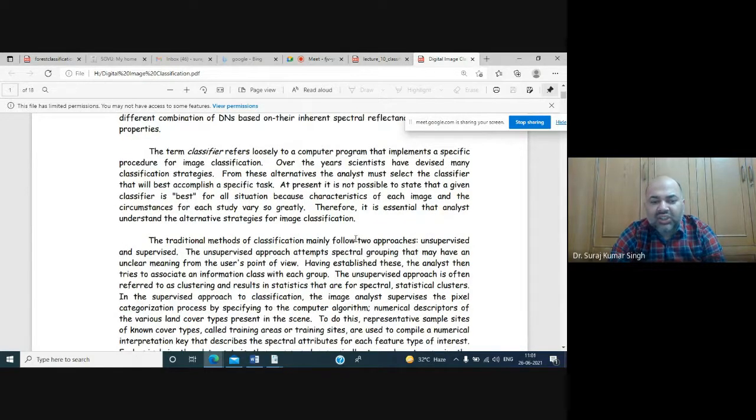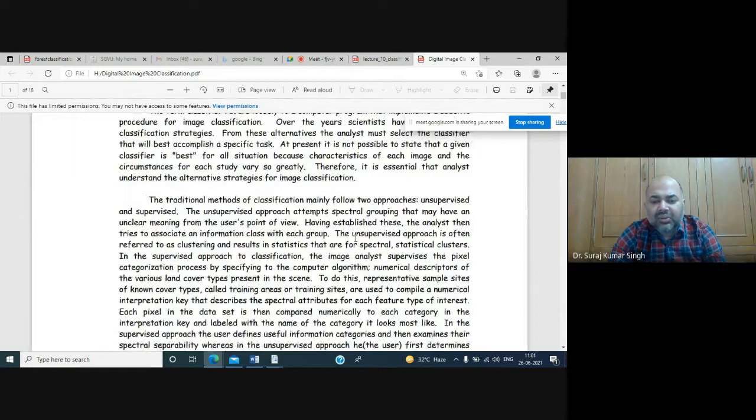So according to your need, you will be going for the best solution to get each and every image classified. Generally, when we are talking about the traditional, the orthodox classification techniques, we are talking about supervised classification and unsupervised classification. They are the traditional techniques.